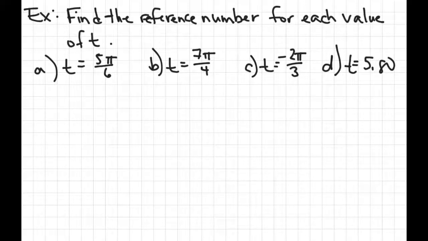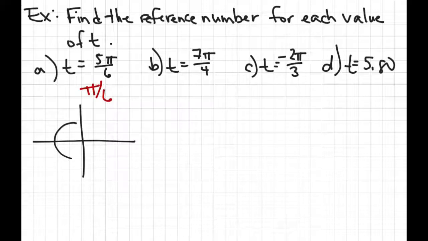Well, finding its reference angle when it's in radians is super easy, because the denominator is always going to tell you what the reference angle is. It's going to be pi over 6. If you don't understand why, let's go back to our unit circle and figure out where 5 pi over 6 is.